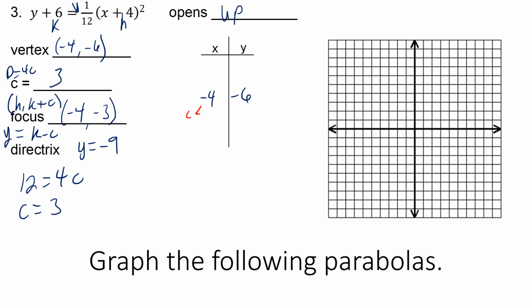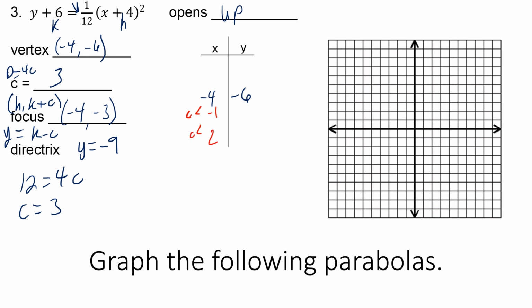So if I go 1 C to the right, -4 plus 3 puts me at -1. If I do another C value, that puts me at 2.